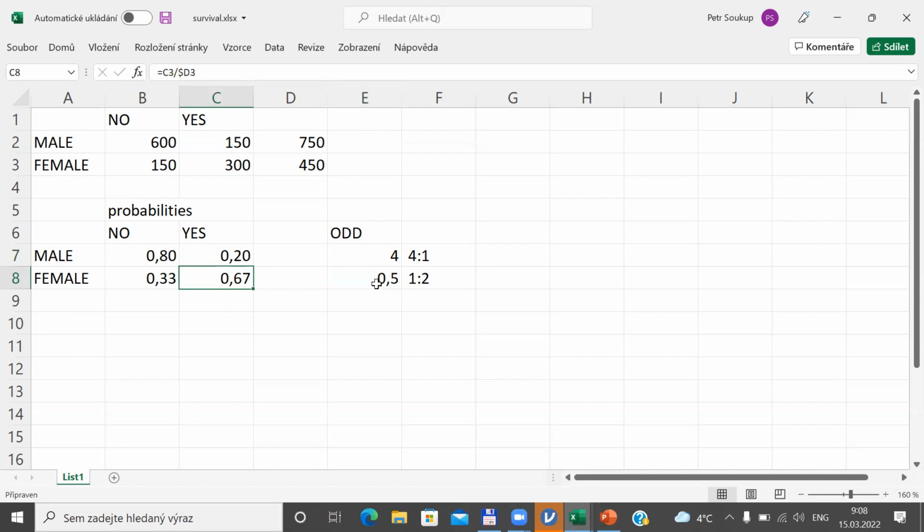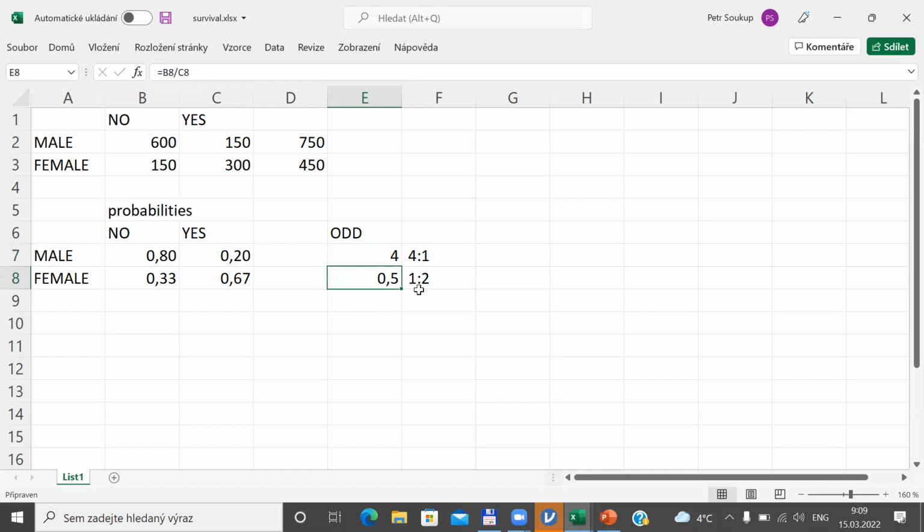So more females survived than died on the Titanic. That's the first meaning of the value of odds: above 1 or below 1. Above 1 means more in the first category, below 1 means more in the second category. I guess this is very clear and easy to understand.